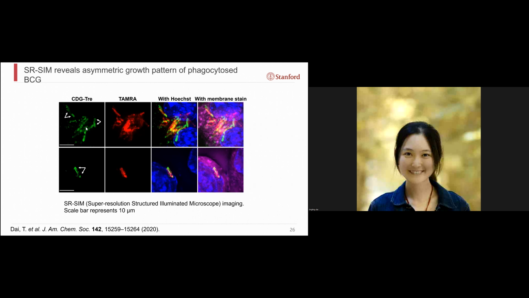But our probe was able to label these bacteria after their phagocytosis into the macrophages, and that is very unique for our probe.